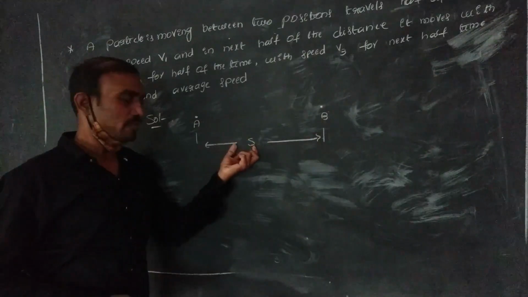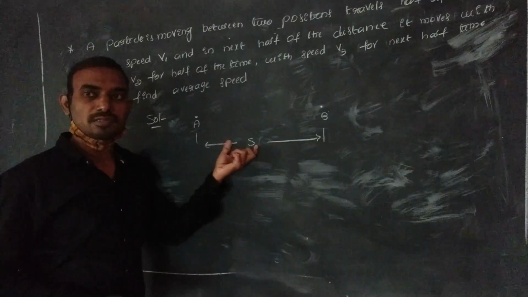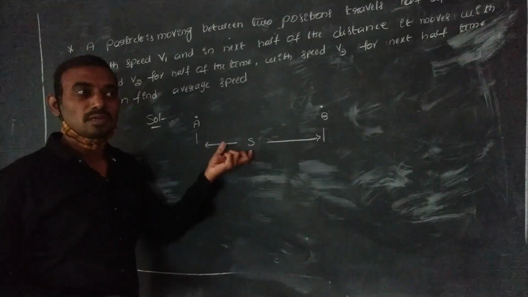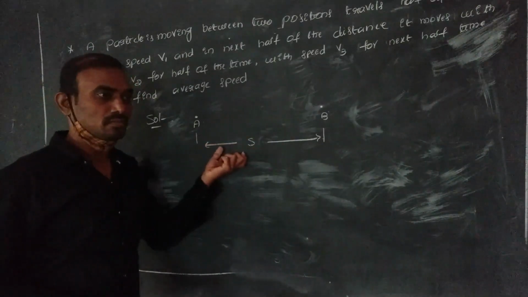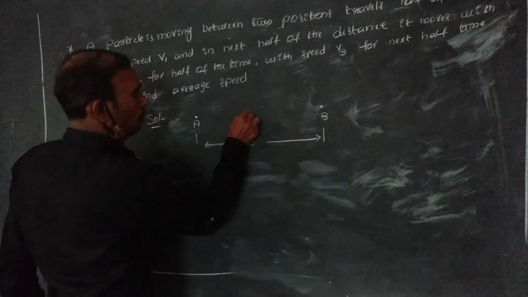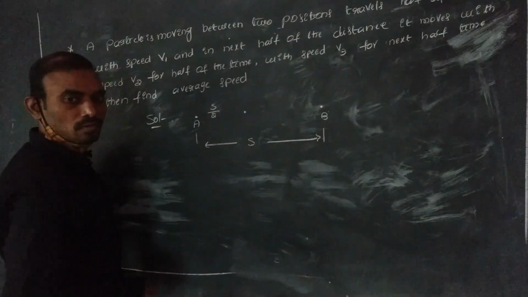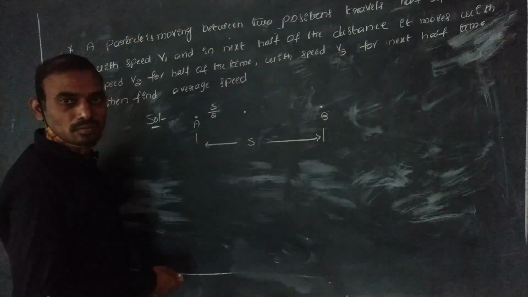In this total distance, half of the distance means S by 2.